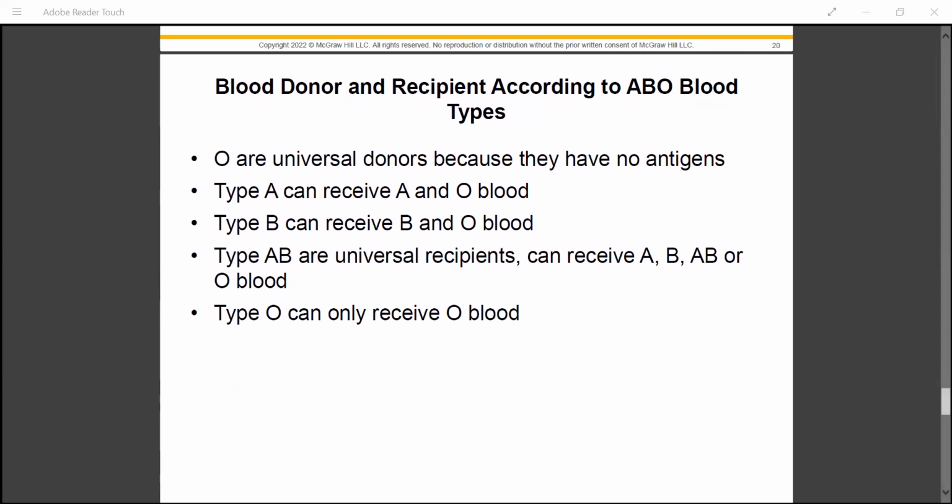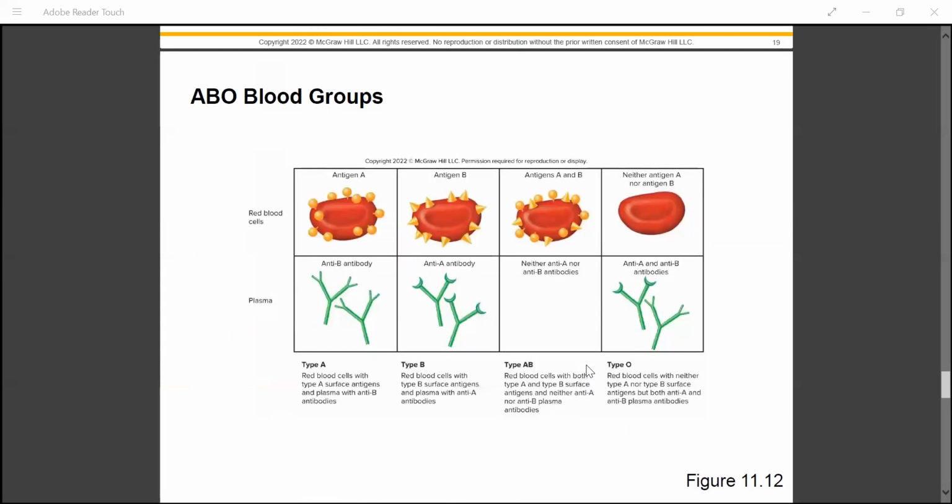Anyone can get type O blood, because if we put type O red blood cells with no antigens into any of these other three types, there's going to be no problem because there's nothing to recognize as foreign. There's nothing on the surface to fit into an anti-antibody.